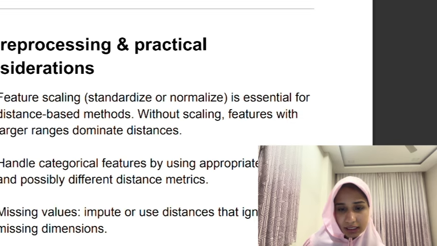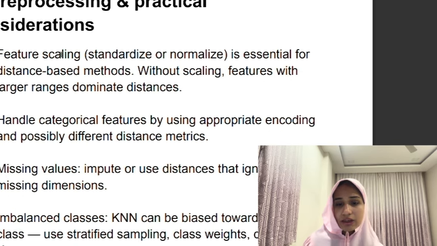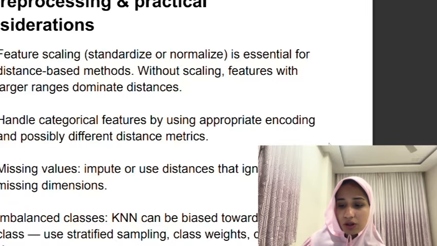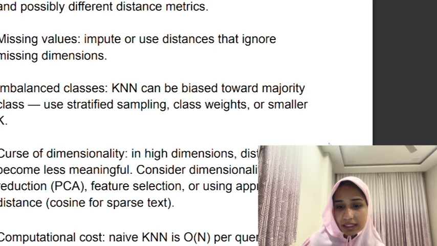Now preprocessing and practical considerations. Feature scaling is essential for distance-based methods. Without scaling, features with large ranges dominate distances. Handle categorical features by using appropriate encoding and possibly different distance metrics. Missing values: impute or use distances that ignore missing dimensions.